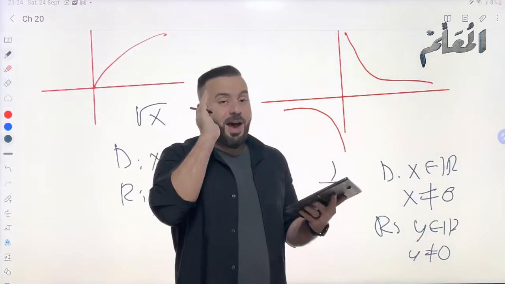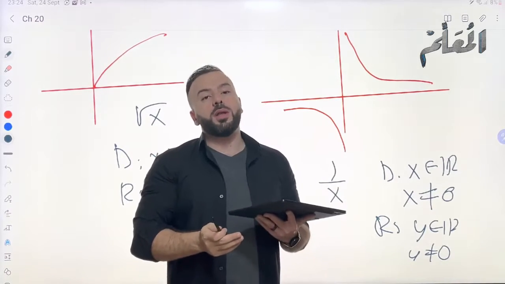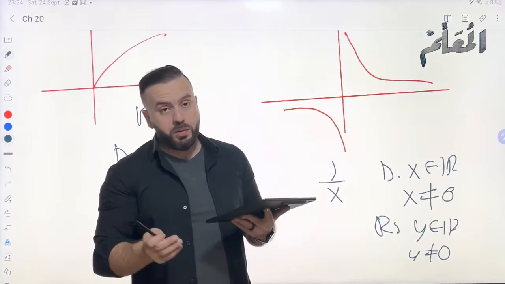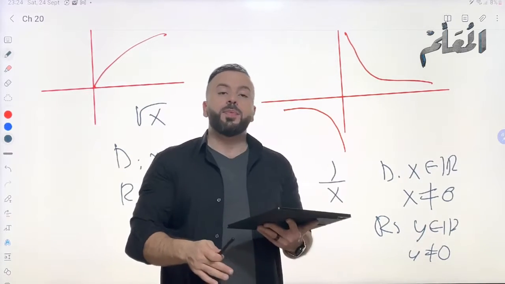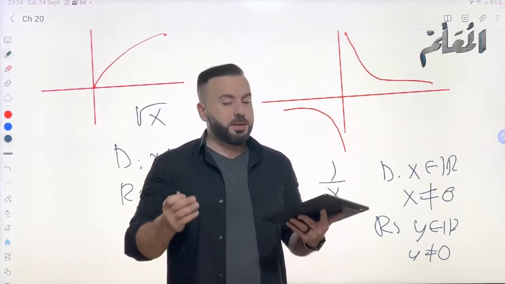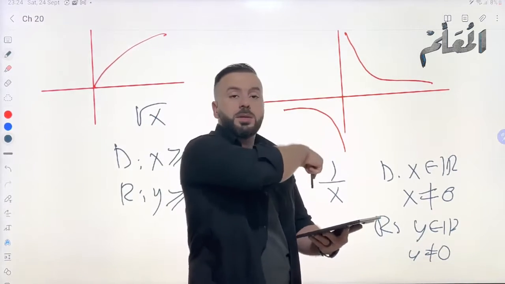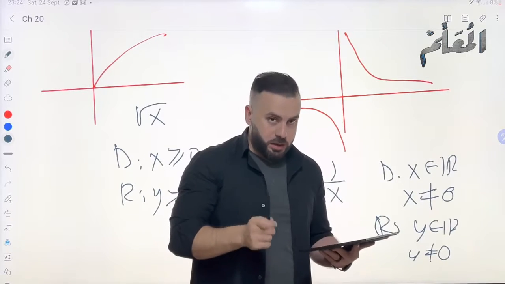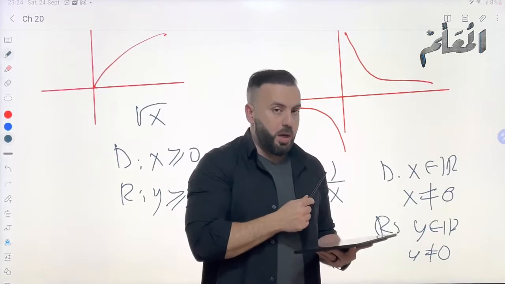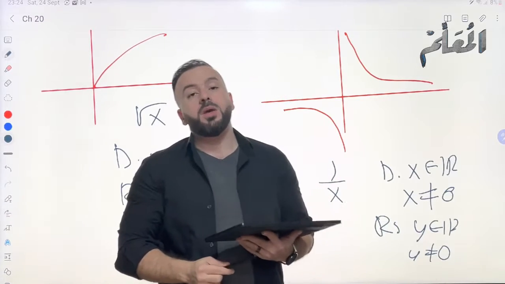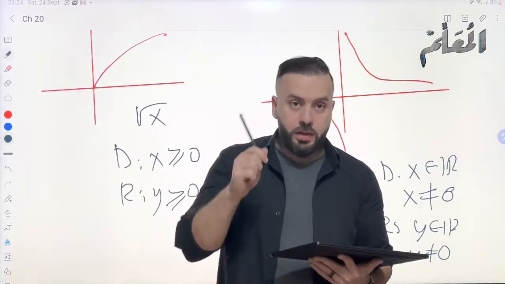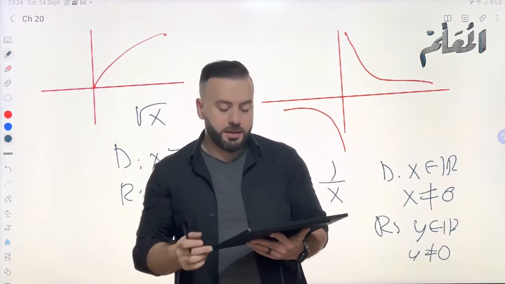I can include all the x, the input, all real numbers in the domain and in the range, but be careful: I need to exclude x equal to 0, which is the vertical asymptote, and y equals 0, which is the horizontal asymptote. Fine, let's go for other questions and check next.